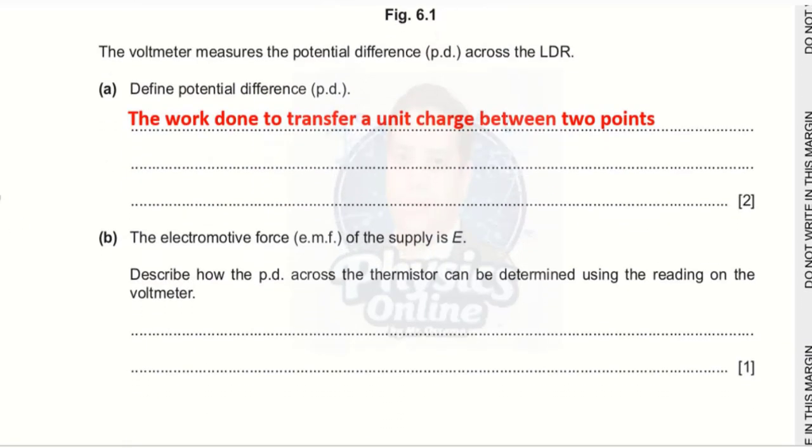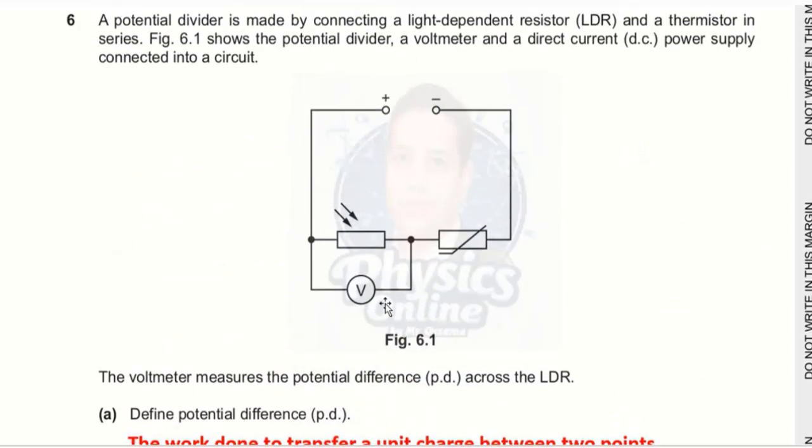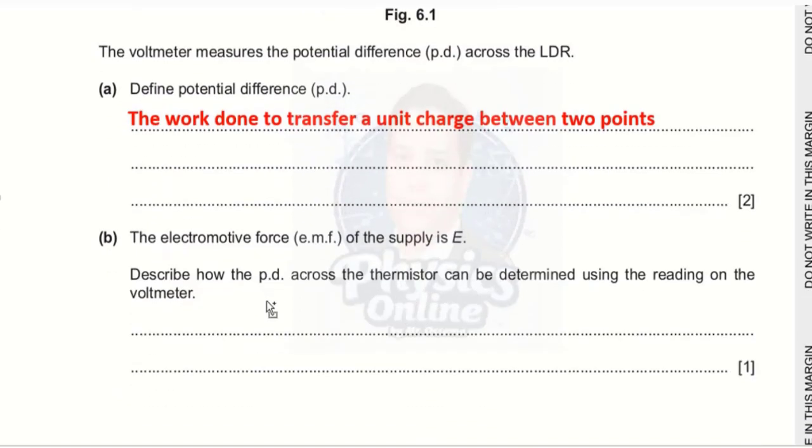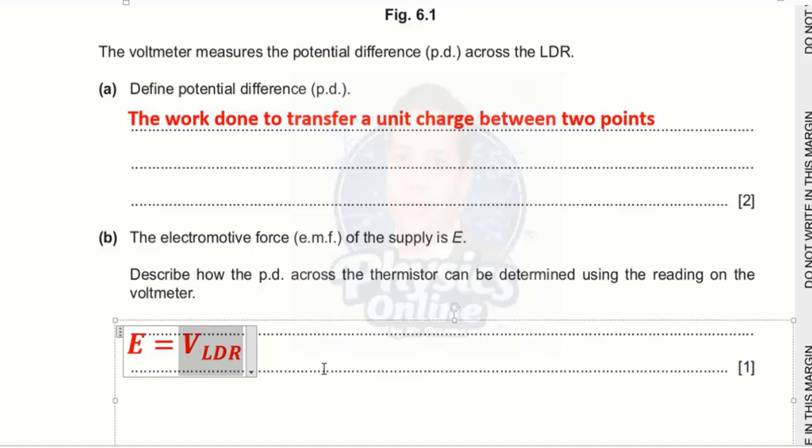The electromotive force EMF of the power supply is E. Describe how the potential difference across the thermistor can be determined using the reading on the voltmeter. As you see here, the thermistor and LDR are connected in series, so the EMF is divided between them. So we can write this equation: E equals V of LDR plus the potential difference of the thermistor.